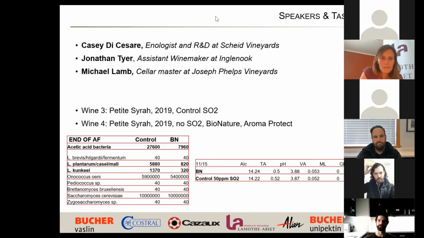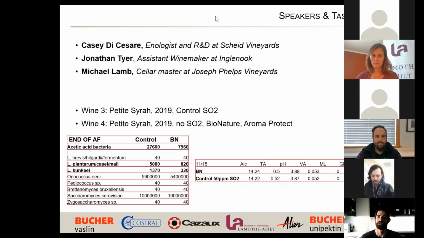Yeah, I saw a question about if I use sacrificial tannin. Both of these trials that I did, the only difference was in wine 4. I used BioNature as my antimicrobial up front and Aroma Protect as my antioxidant on the back end.